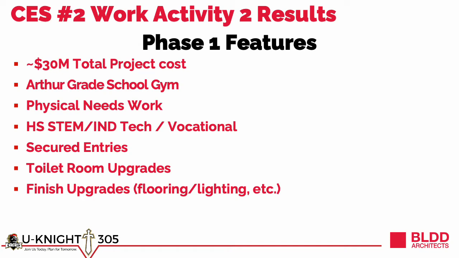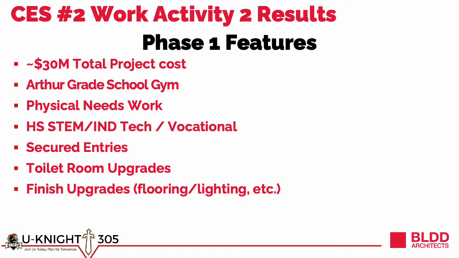Now, in addition to the goals of bringing our 6-8 students together and creation of a 6-12 campus, there are a handful of other scopes identified as top priorities amongst the community members and the facilitating team. A new gym at Arthur Grade School. Physical needs across the district were pretty clearly supported. Also, the support for hands-on, industrial tech, vocational, and STEM at the high school.